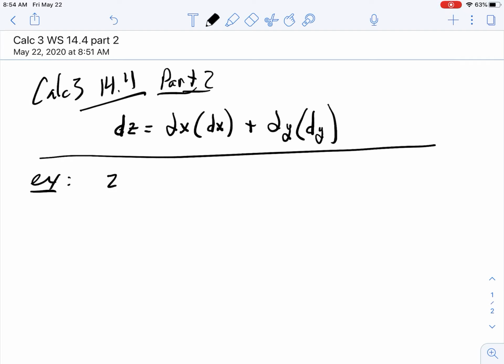Let's say, remember, z equals f of x comma y, so we have x squared plus 3xy plus y squared. Before I give you numbers, let's get everything set up.